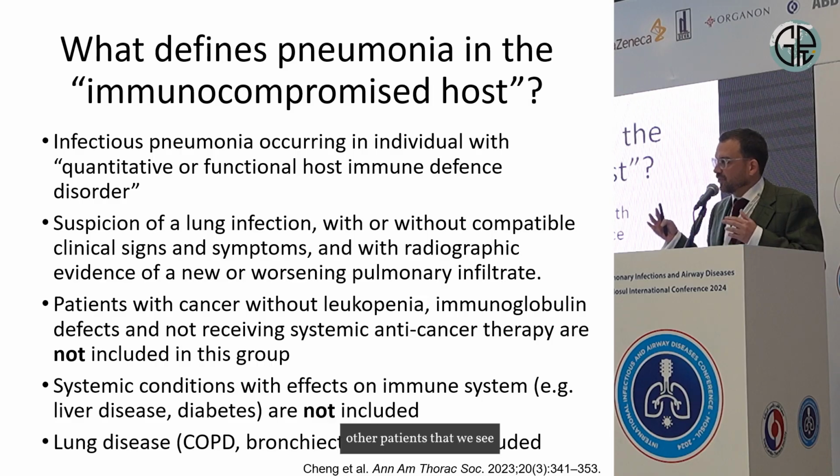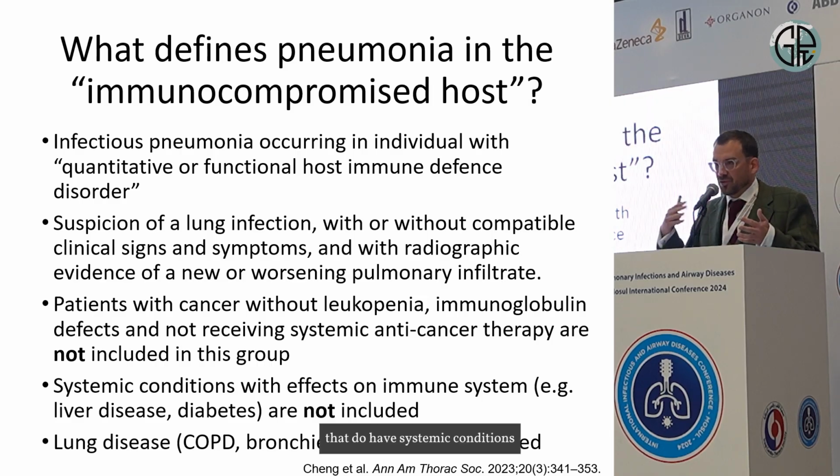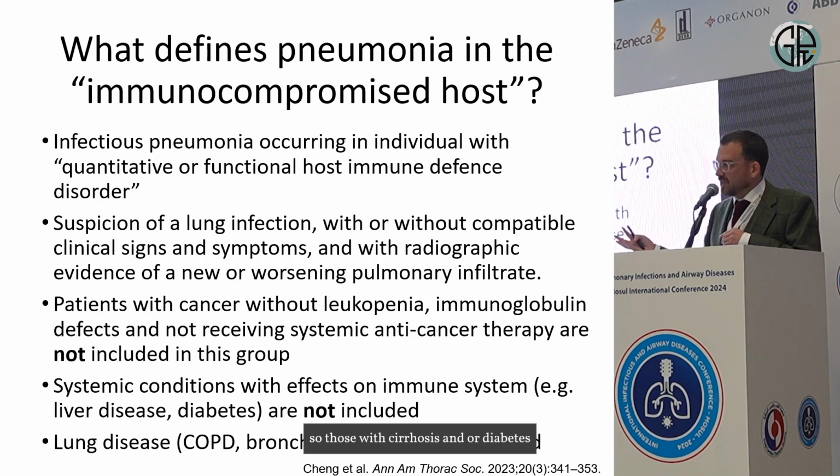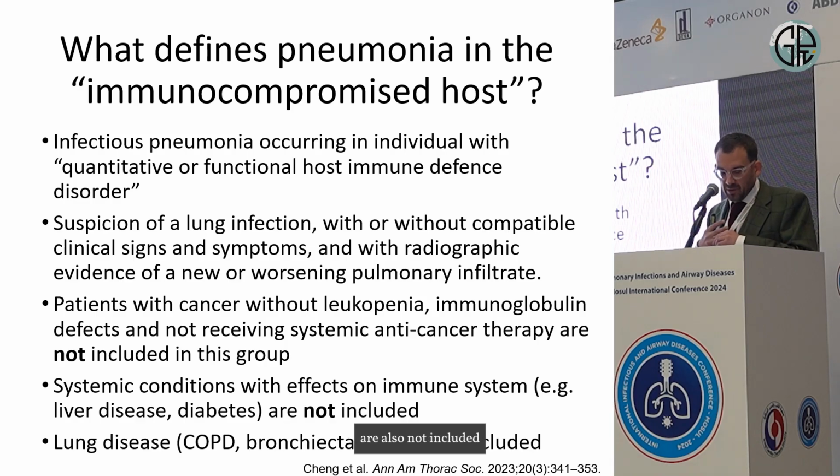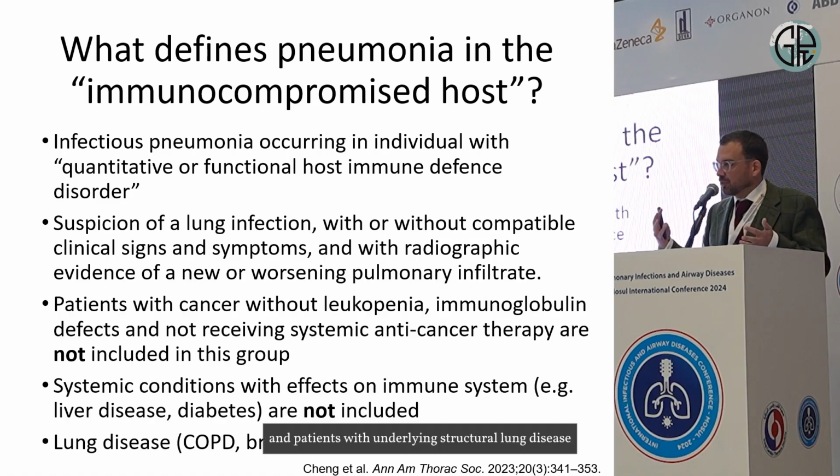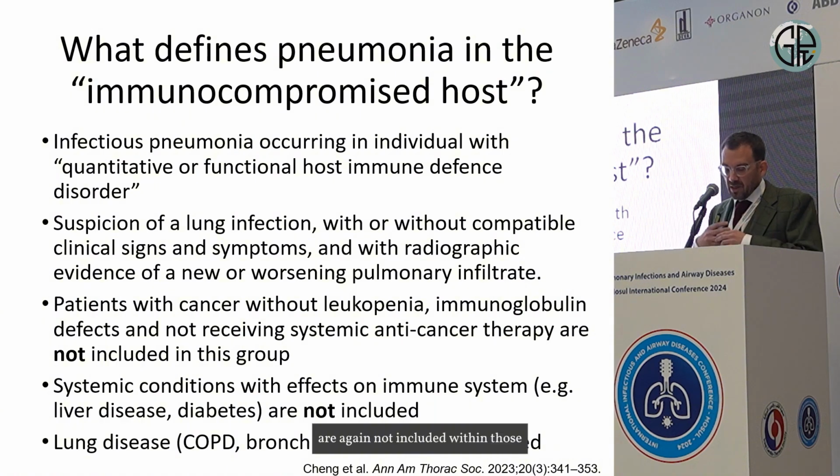Other patients that we see that do have systemic conditions that do affect the immune system, so those with cirrhosis or diabetes, are also not included. And patients with underlying structural lung disease, so chronic obstructive pulmonary disease, bronchiectasis, etc., are again not included within this underlying phenotype.